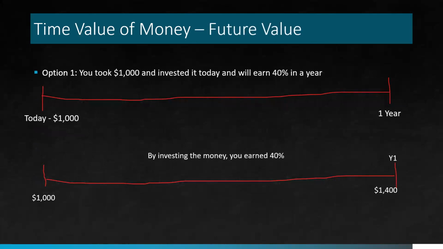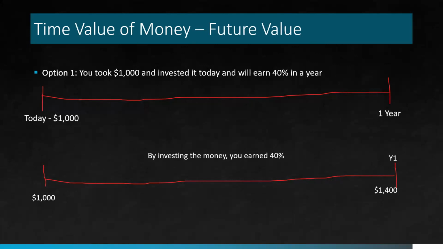So here's an example of the time value of money. If I handed you $1,000 and you invested it today and earned 40% in a year, this is an amazing stock and everybody's bragging and boasting that you can earn 40% in a year. As you can see by the first line, today I give you $1,000.